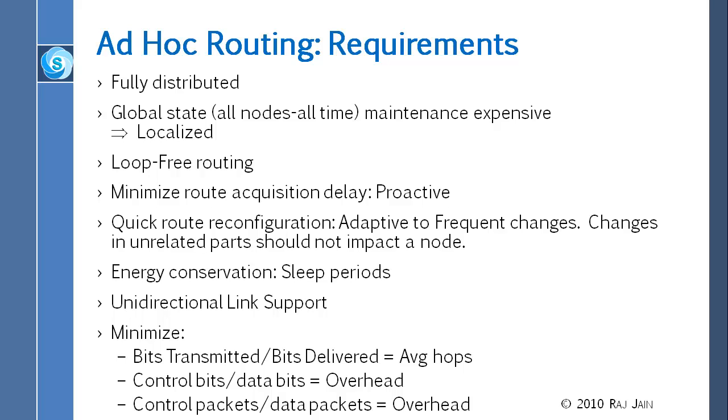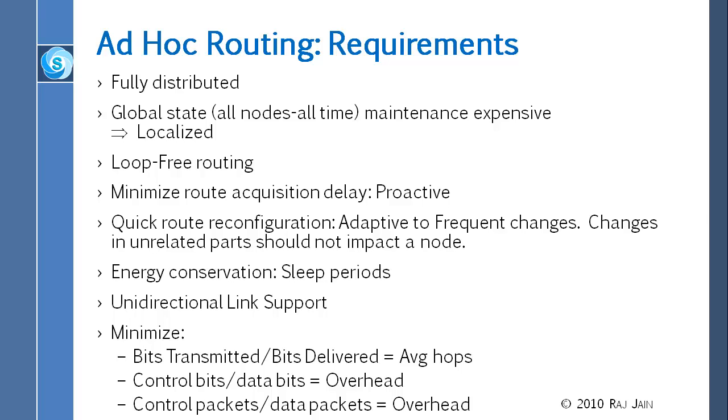So as opposed to a wired network where we generally send information regardless of the distance, in ad hoc networks we may not want to send the information simply because it is more than one hop away.